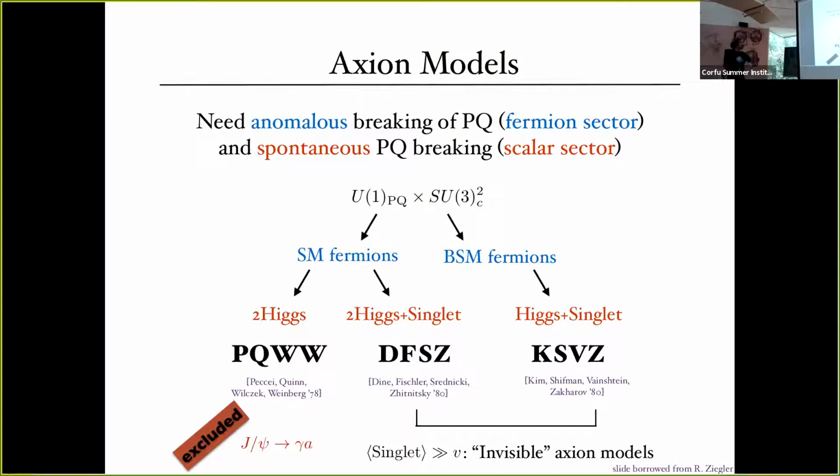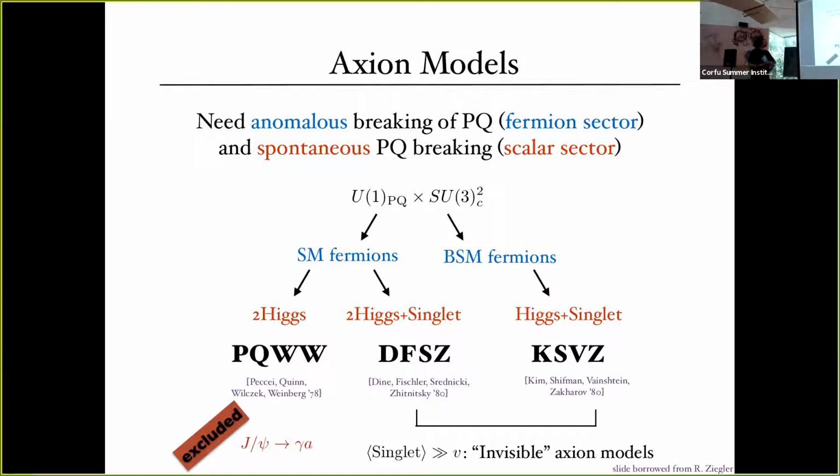So basically, to have a working axion model that solves the strong CP problem, we need some anomalous breaking of Peccei-Quinn symmetry. So we need to have a fermion sector that contributes to the QCD anomaly.